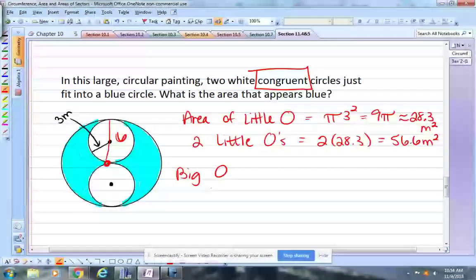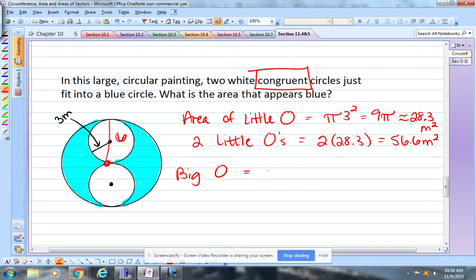Y'all agree? So the big circle is pi times 6 squared, which is pi times 36. Put 36 pi in your calculator. About 113.1 square meters.